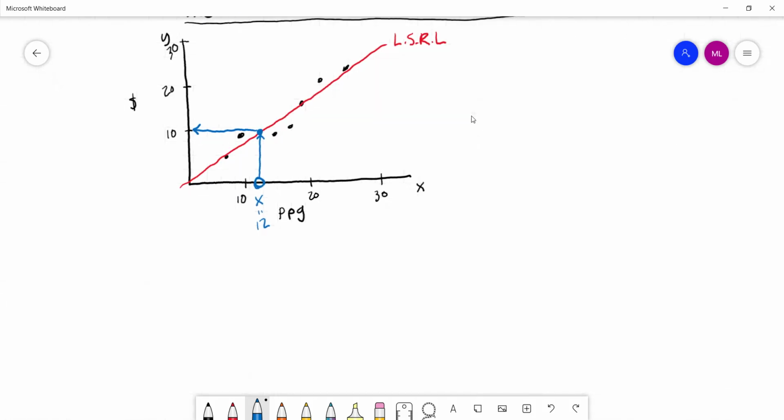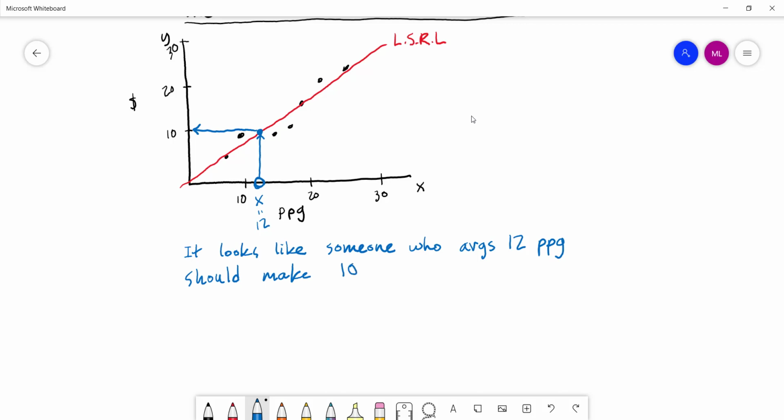So it looks like someone who averages 12 points per game should make $10 million a year, according to this data set, just ballparking it.